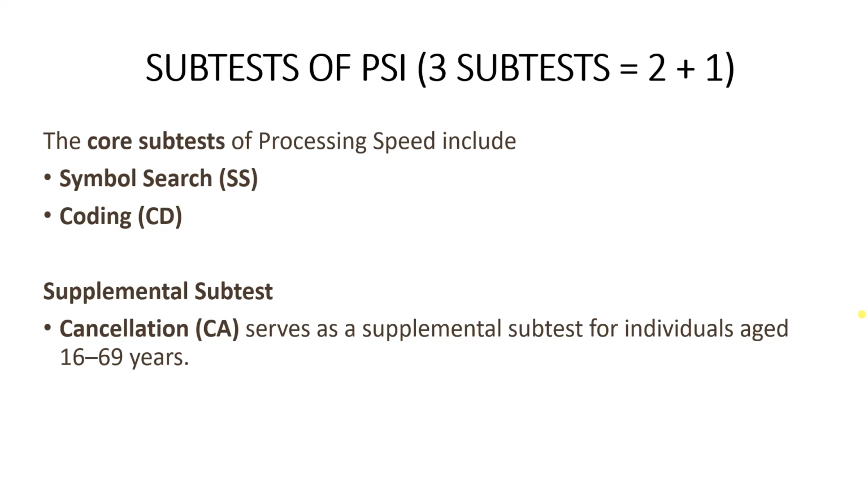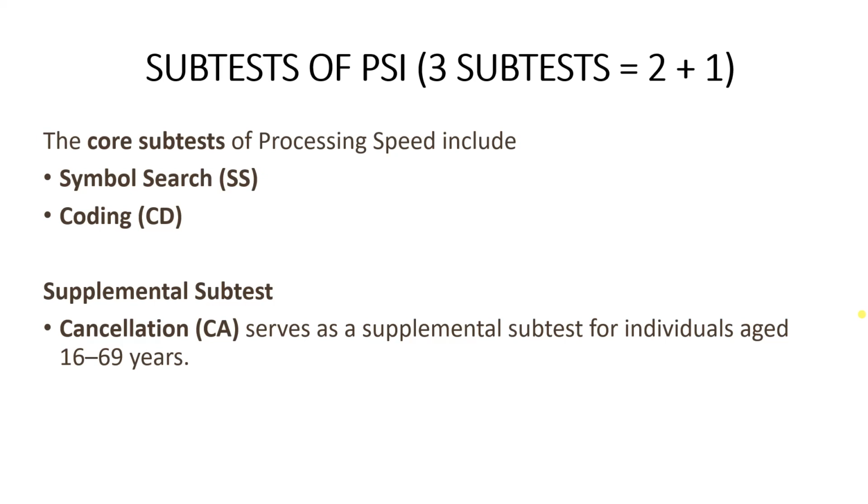For older participants, this test cannot be used as a substitute for the core subtests. However, for individuals between 16 and 69 years, if a test is spoiled or invalidated for some reason, the supplemental subtest cancellation can be used.